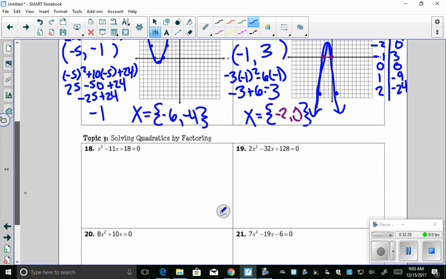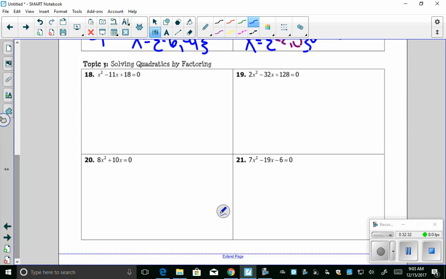Topic 13, solving by factoring. Remember, if the number in front of x squared is 1, then you just do 1 times 18, factors of 18. 1, 18, 2, 9, 3, 6. And that's it.